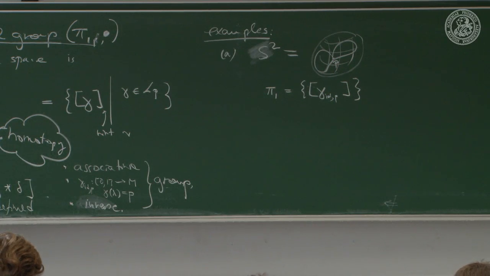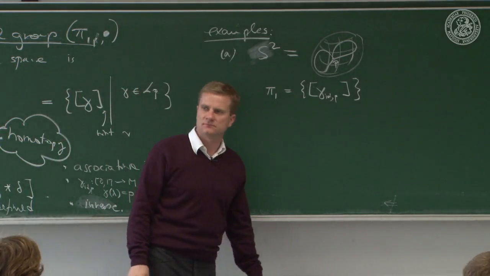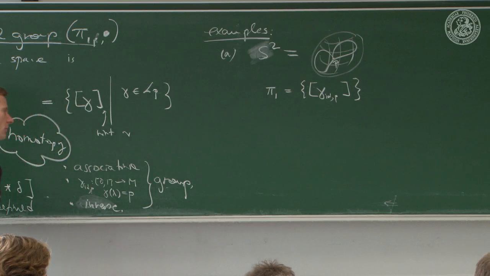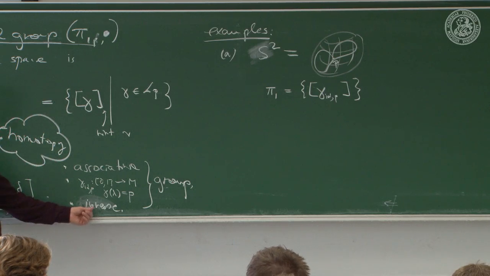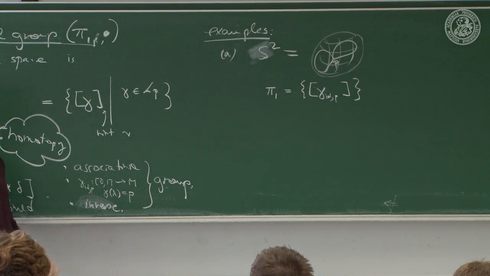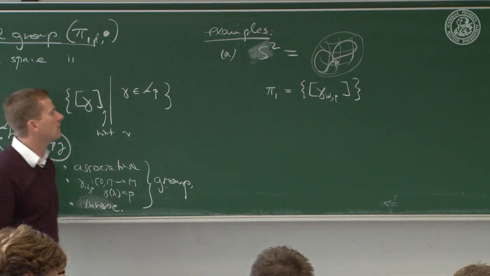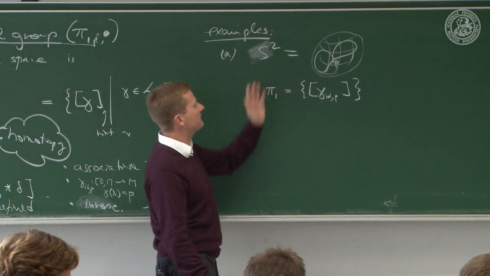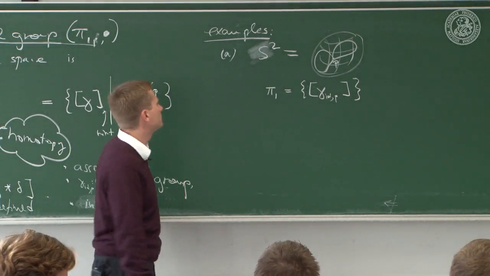The group consists of one element. So one element group. And that is its own inverse. A group always needs at least one element because there is the existence of a neutral element. Okay, so that's very simple. That's a very simple fundamental group.